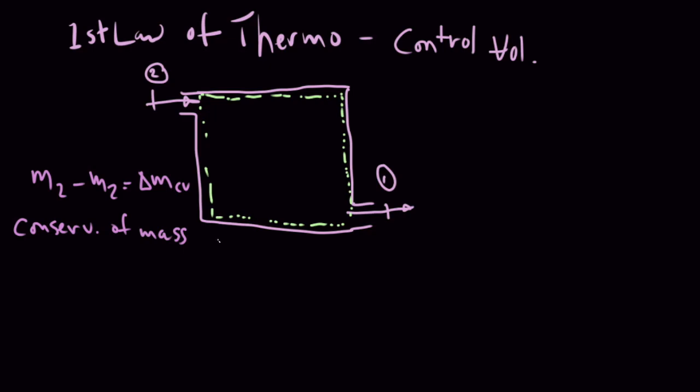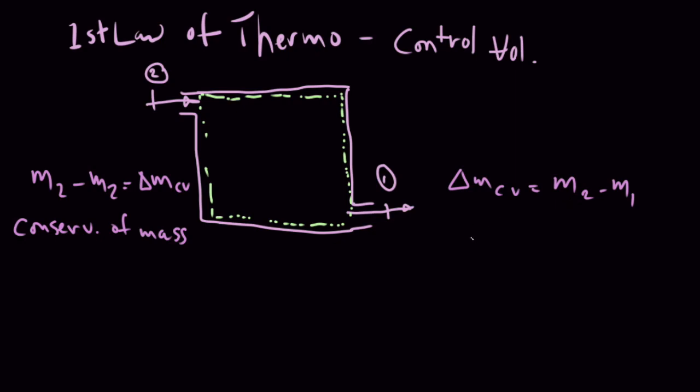Now let's look at rate form. We know that the change of the mass in the control volume is equal to m2 minus m1, meaning the amount of mass that comes in minus the amount of mass that comes out.